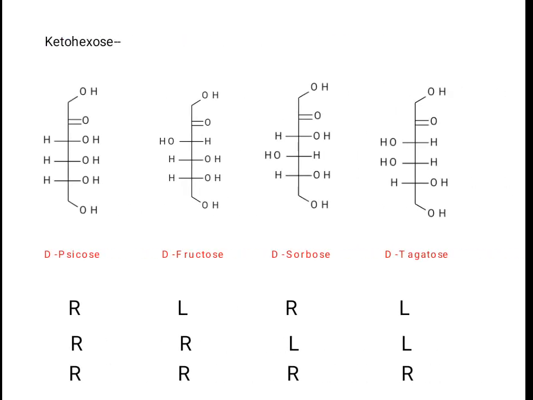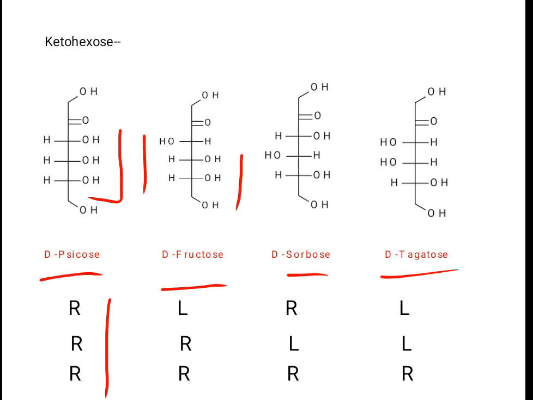These are the family of ketohexoses, which contain psicose, fructose, sorbose, and tagatose. This also has the same form: all the OH in psicose are on the right side. That's why this contains RRR. In case of fructose, the first one is on the left and the other 2 on the right.